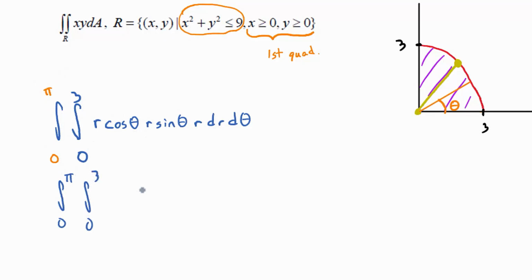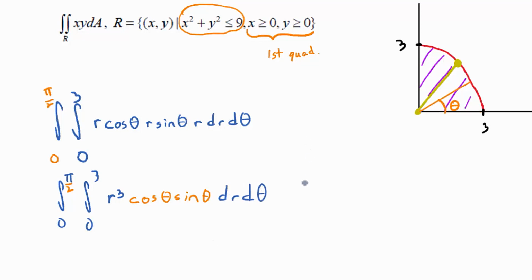Well, inside, r cubed, and then it should be pi over 2. I just got in a hurry. There we go. Okay. And then r cubed, cosine theta, sine theta in there. dr d theta.